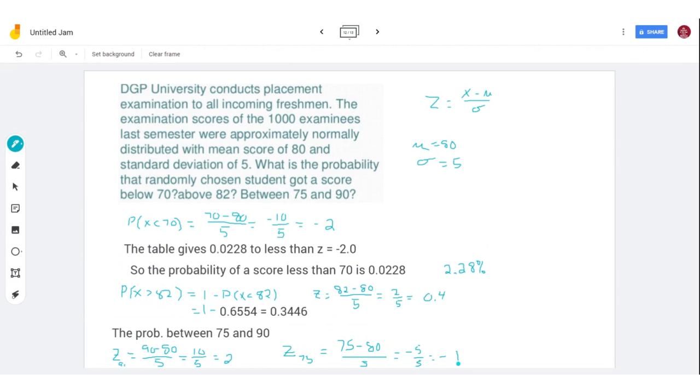So we got to find the two and bring them back and then subtract. The bigger one is the best one to do first because that's going to be a bigger number.